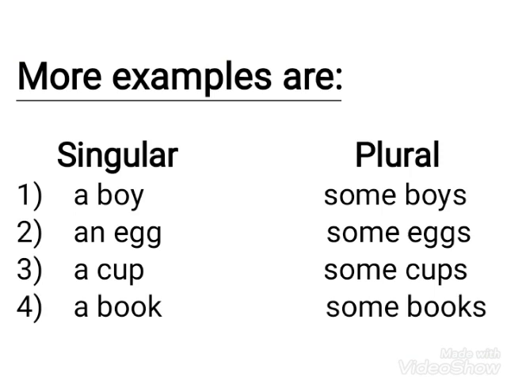Another one is an egg. You don't use a egg, you use an egg. Now in plural form, it is called some eggs. That an changes to some. When you are calling it in plural form, it is now some eggs.